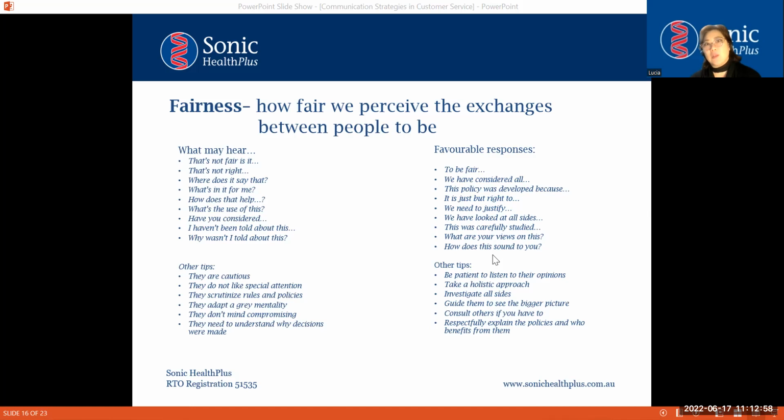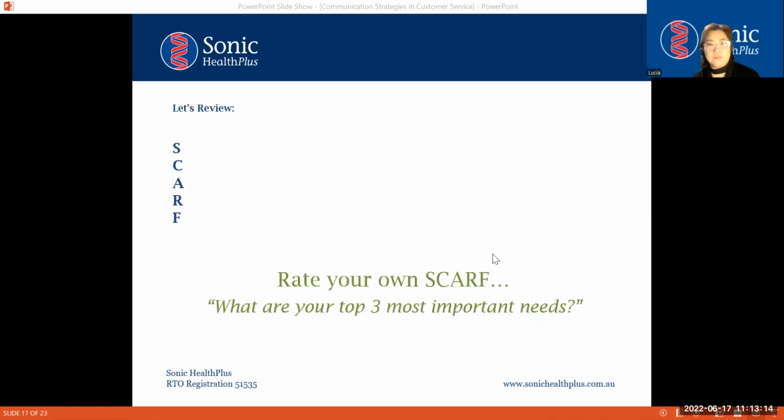But when you say that you have taken time to consult with other people, they will have that assurance that fairness has happened, because people's opinions are being considered. Respectfully explain the policies and who benefits from them. All right. So are you the F, fairness type, Rena?